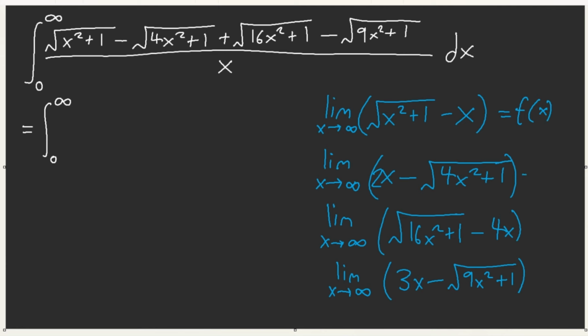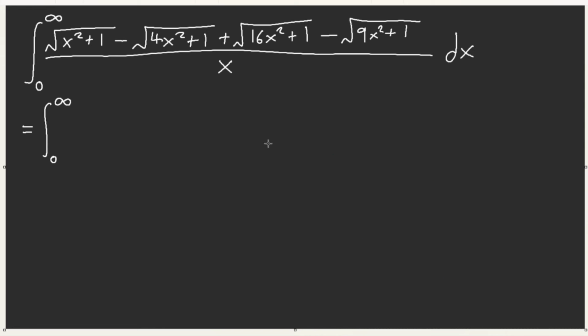And then this would be like our f of 2x and 4x and 3x and so on. So how are we going to implement this into here? That's the tricky part. It's very hard to see, but once I reveal it to you, it's actually not so bad.